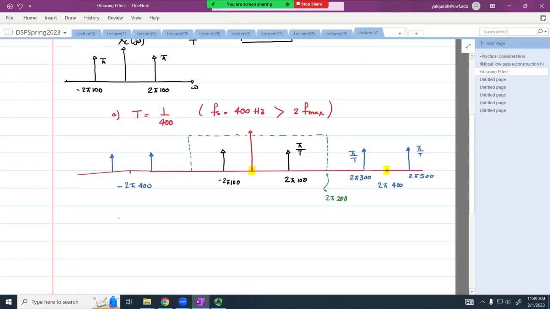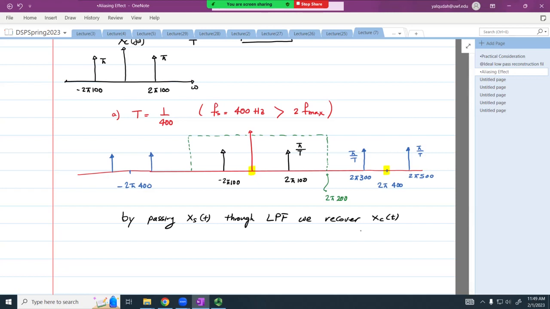So by passing x_s of t through the low pass filter, we recover x continuous of t.